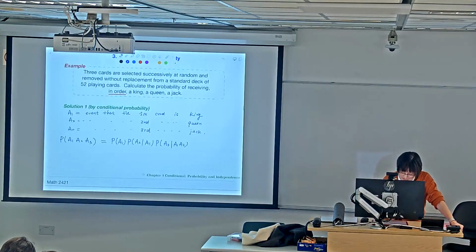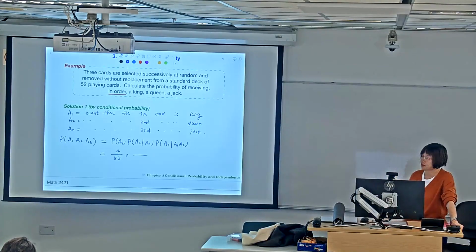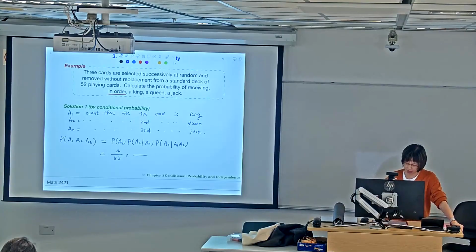Then we compute each probability. The probability of A1, the first chosen card is king. There are in total 52 cards, standard playing cards, and there are 4 kings. That's 4 over 52. The second probability is conditional probability. Given that the first chosen card is king, we are left with 51 cards.